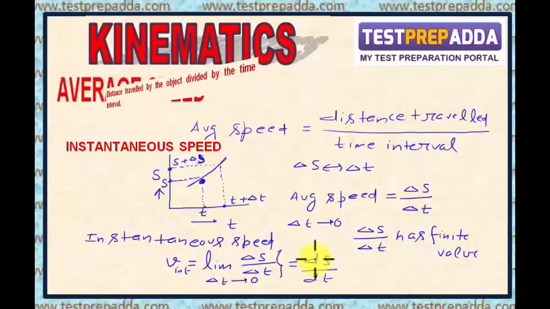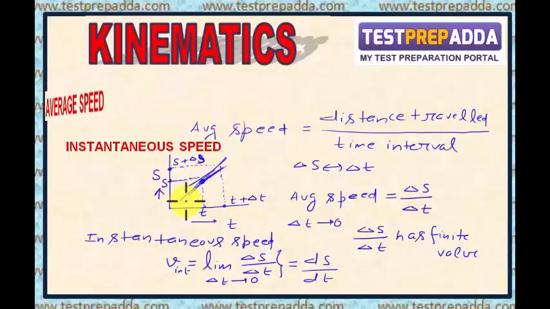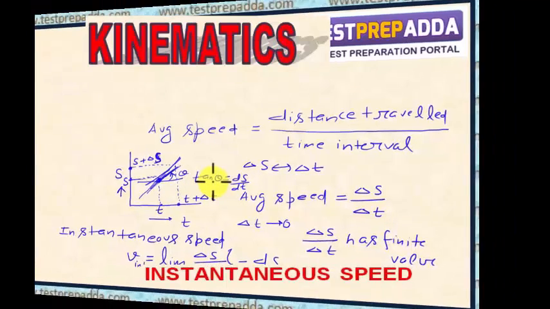This ds by dt represents the slope of the tangent to the curve at time t. If I consider this as theta, then tan theta will be written as ds by dt.